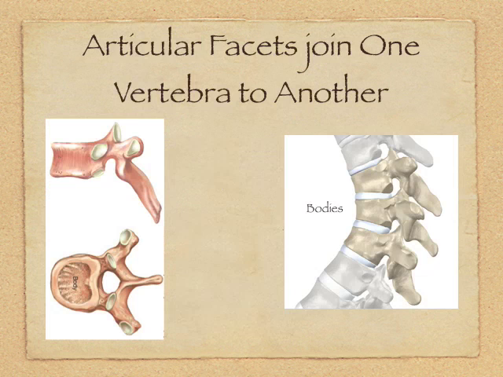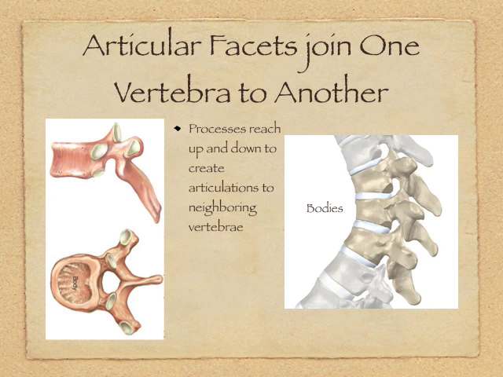Look at the picture on your right, and you'll see immediately behind the intervertebral foramina, those holes that you see, there are processes that reach down from a vertebra and reach up from the neighboring vertebra. And the union of those two creates these intervertebral joints that you see there. And I've outlined them here for you, especially the lower one there. You can see how a piece from below and a piece from above are coming together in that one spot.